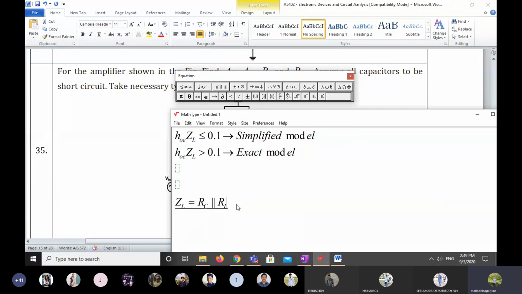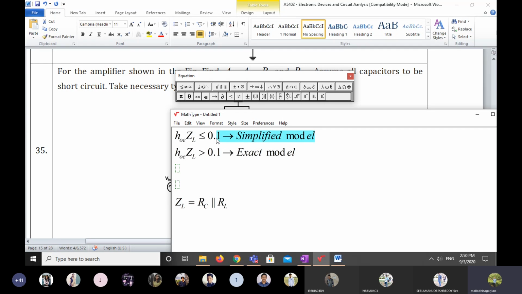In the question, you take RC and RL, calculate the parallel combination, and that will be your ZL. HOE is 25 microamps per volt. Then you multiply. If the result is less than or equal to 0.1, then you can go with the simplified model.